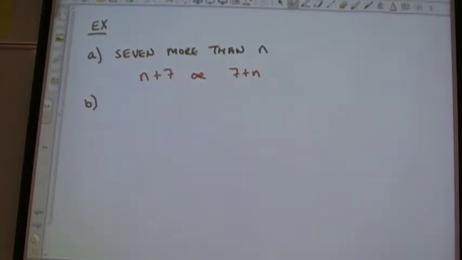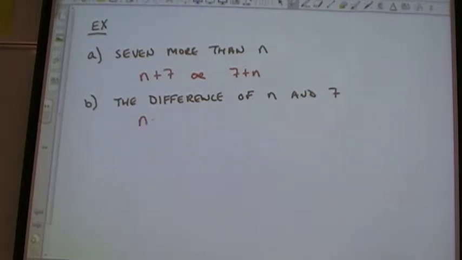The difference of N and 7. So if it's worded like this, difference of N and 7, what would it be? N minus 7.